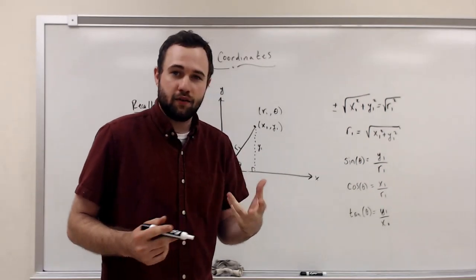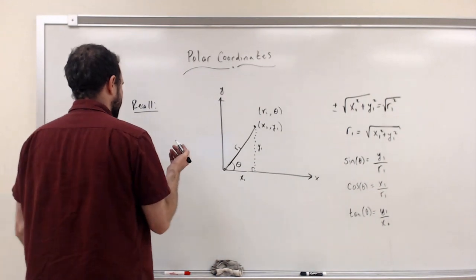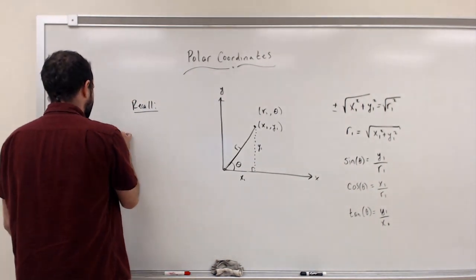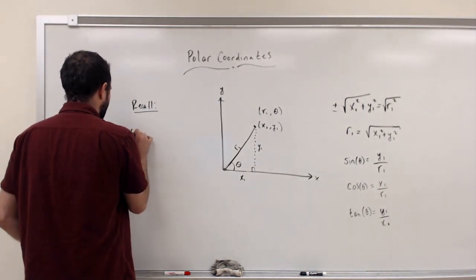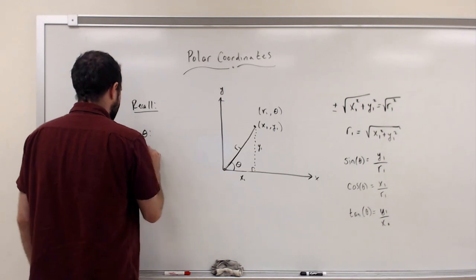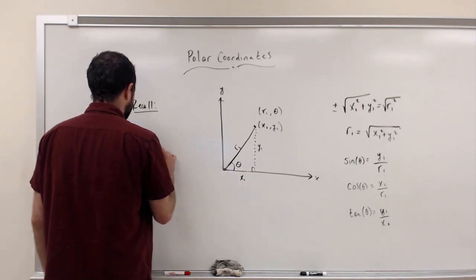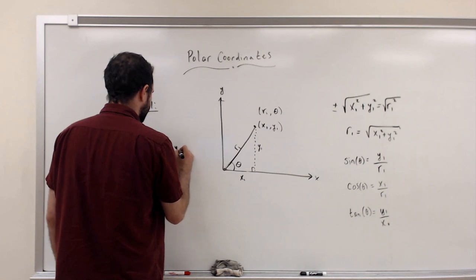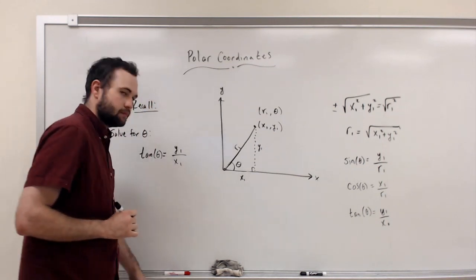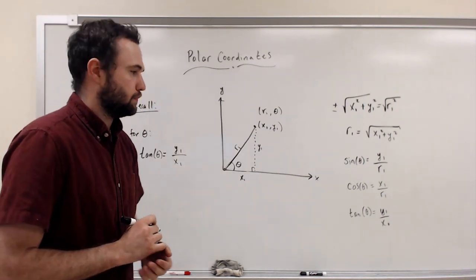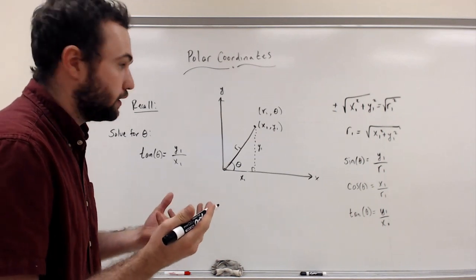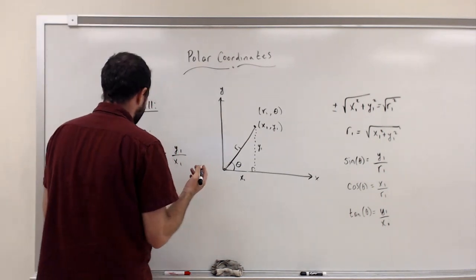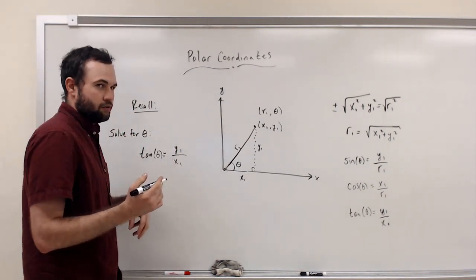We're trying to find theta, so let's solve for theta using our trig. So we have tangent of theta equals y1 over x1. Okay, that's just from down there. That's what we discovered a second ago. And now we have our arc functions, right?